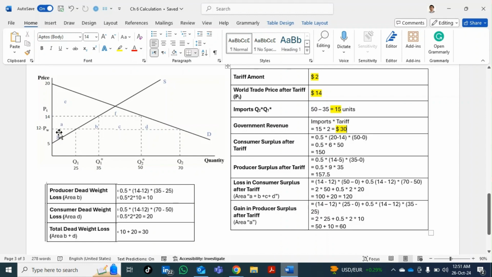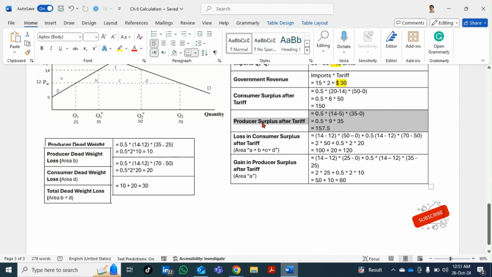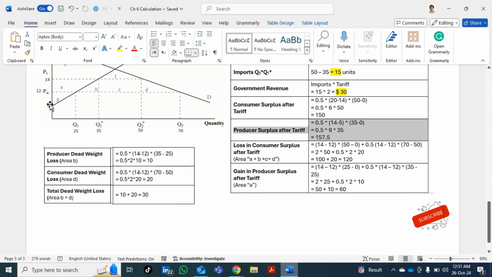Now, how will we calculate the producer surplus? I have calculated it here. Again, we have a new rectangle. The price will start from 5 till 14 and the last produced unit is 35. That rectangle will represent the producer surplus. So we take the difference between the prices, 14 minus 5, and 35 minus 0.